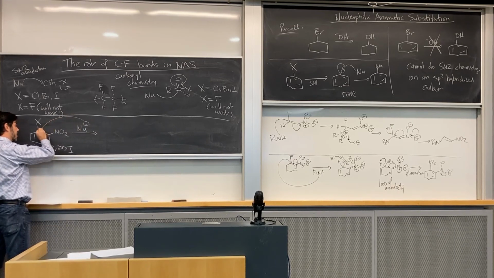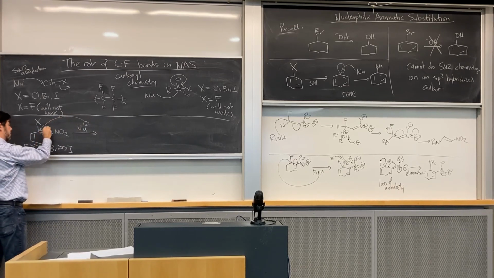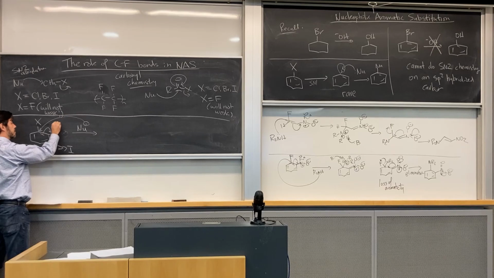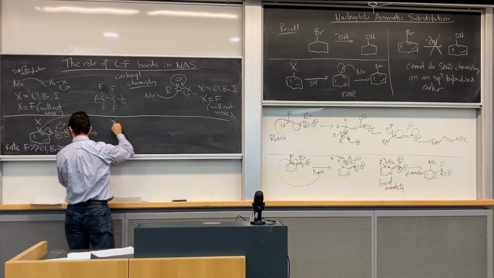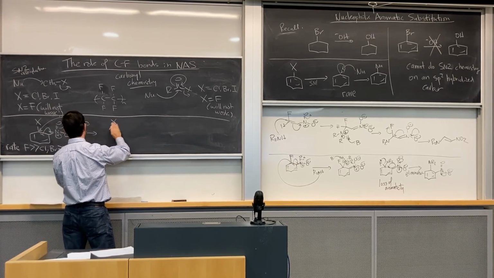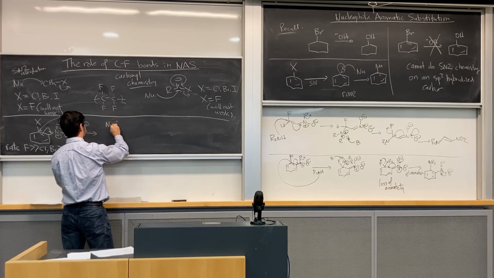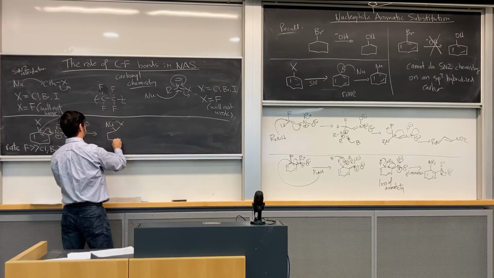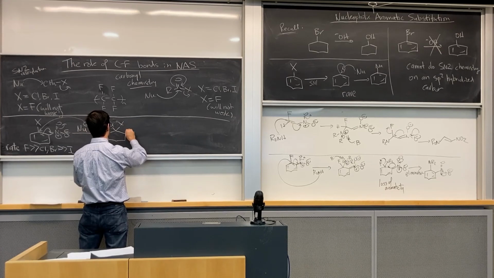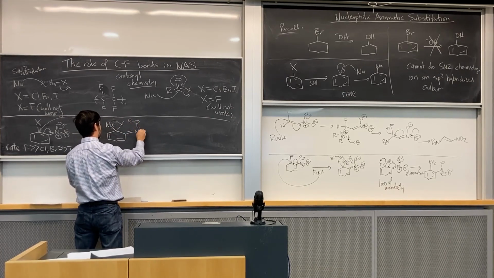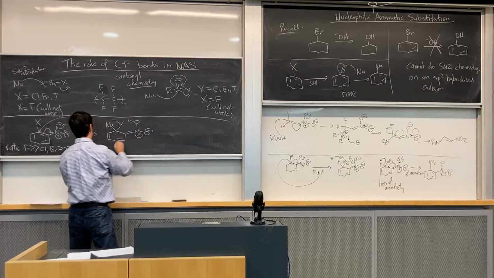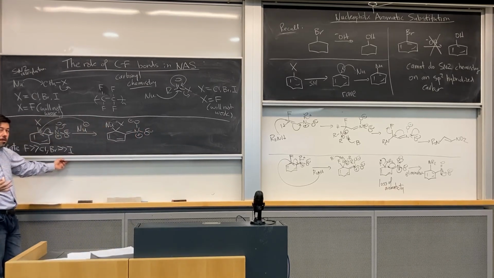Okay, so you get reaction occurring here, push electrons into this nitro group. So here's the intermediate. Break the aromaticity. And there's a large energetic penalty to doing this reaction, right?